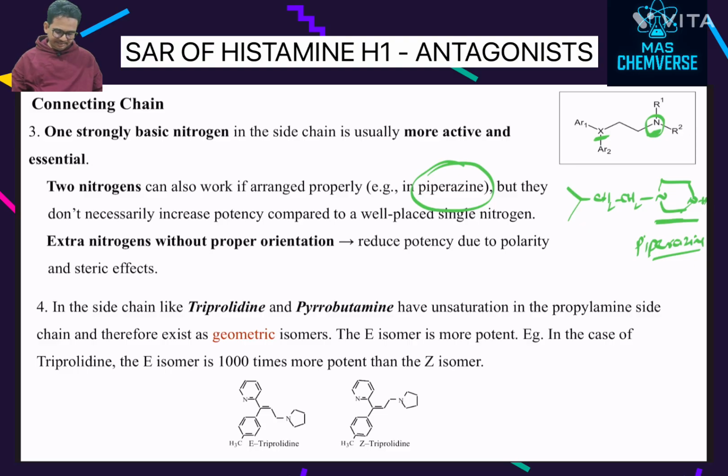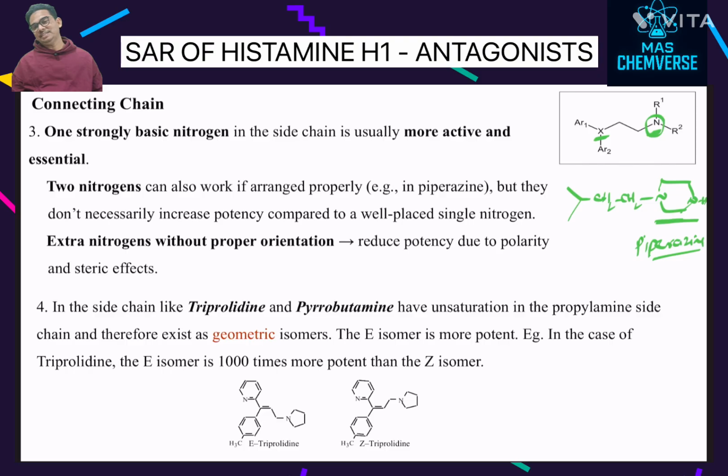But in the piperazine there are more nitrogens. What I told, more nitrogens, more toxophoric groups, means the activity will increase. But that depends on the other composition. Sometimes more nitrogen is not good for that particular structure. That's why there are some optimum contents, like I told 2 to 3 carbons are necessary in the chain.